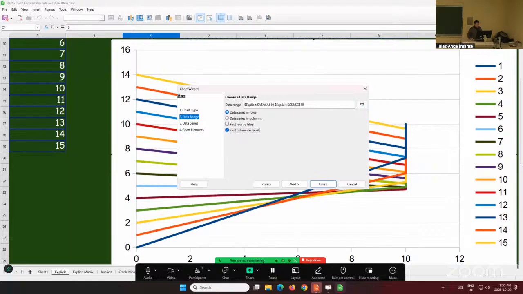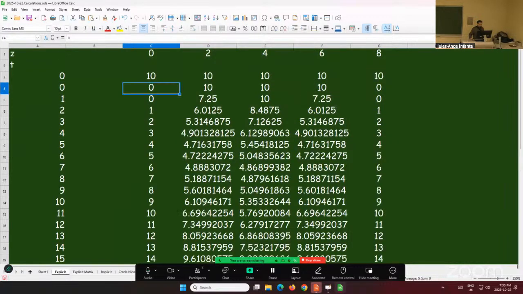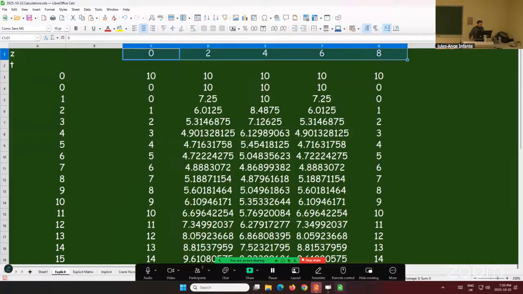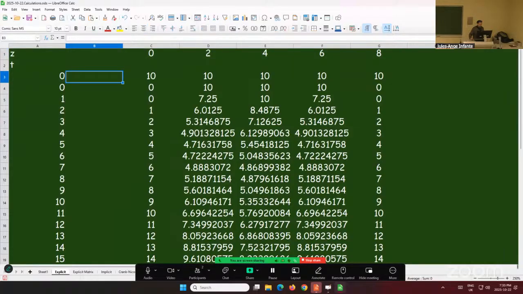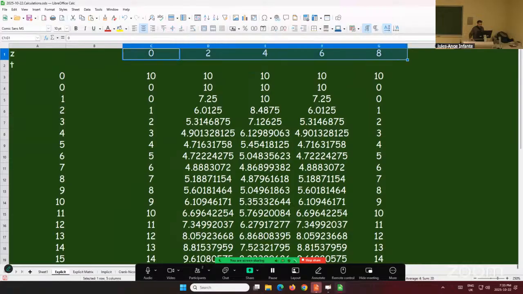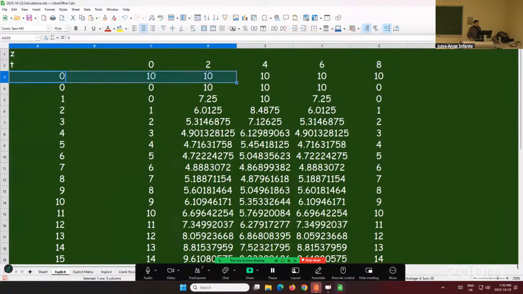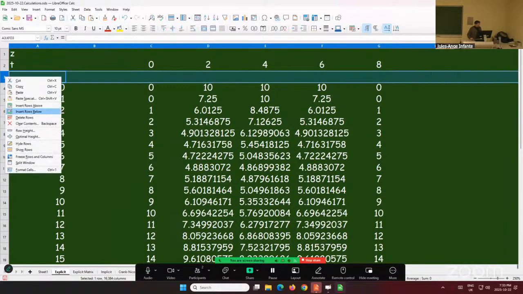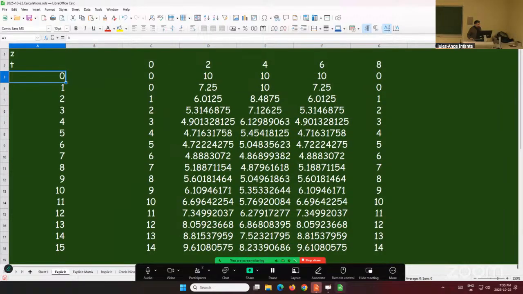Oh, I forgot the X value. Never mind, I should have put this. Let's get rid of this row, it's going to complicate things otherwise.